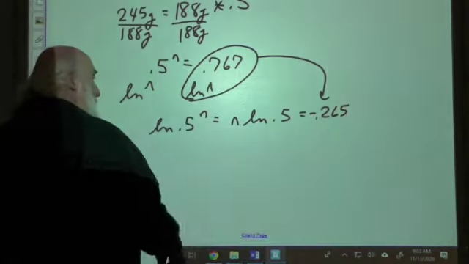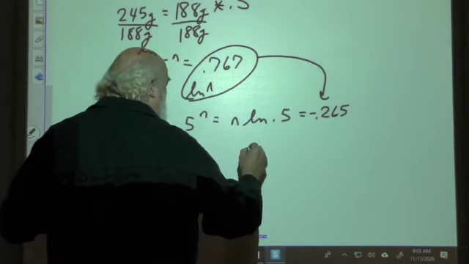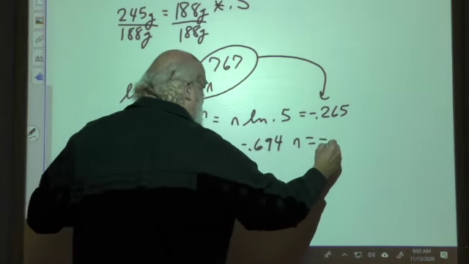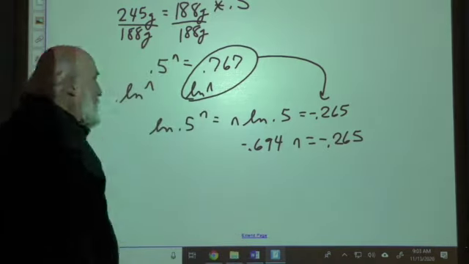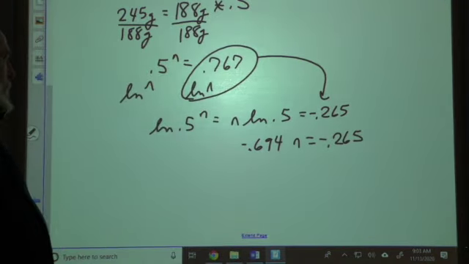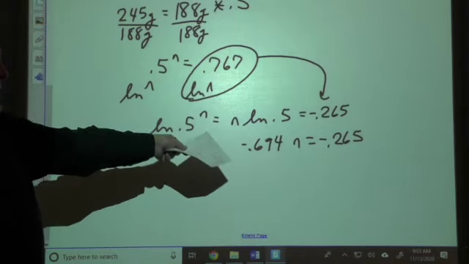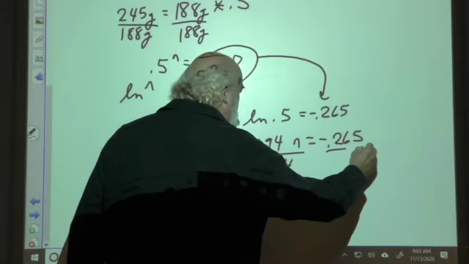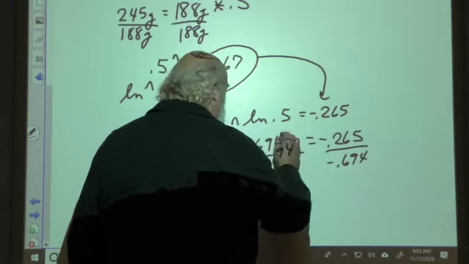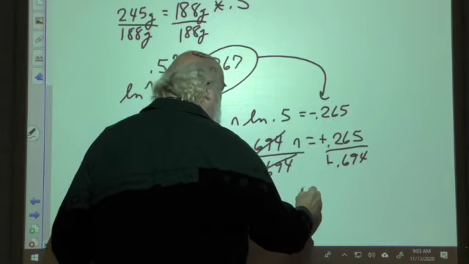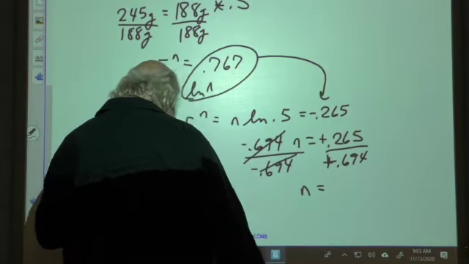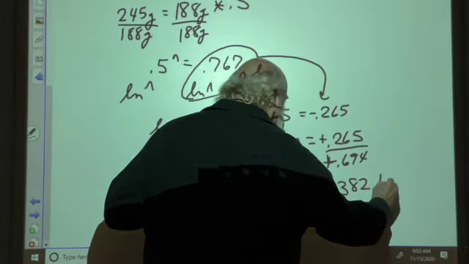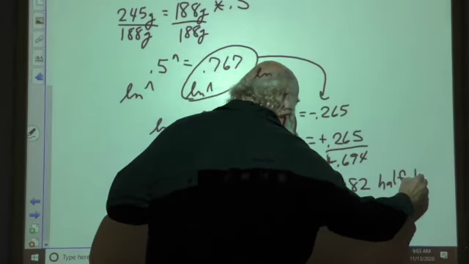Well, the natural log of 0.5, which we've already calculated once before, is negative 0.694, and it's been multiplied by n, equals negative 0.265. So I'm going to get n by dividing both sides by negative 0.694. The negative signs cancel out, and n turns out to be 0.382. The label for n is half-lives.